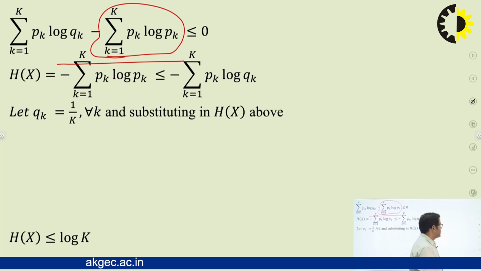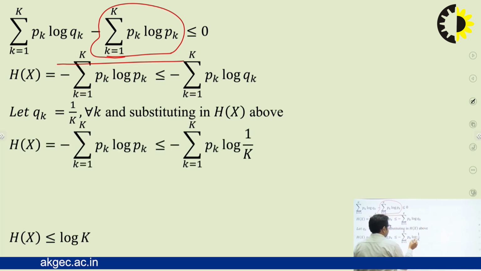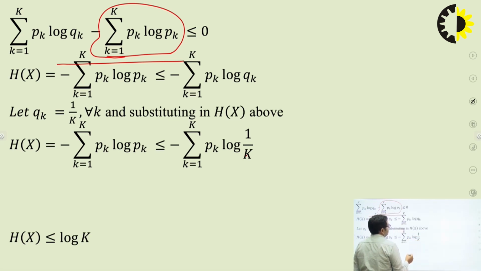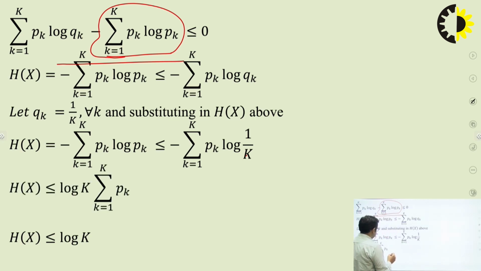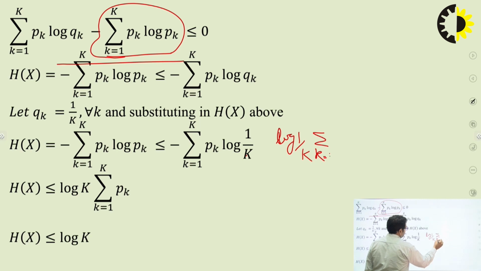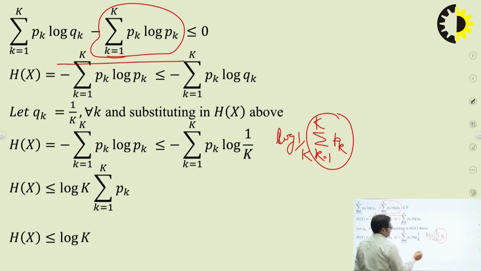So, if we put 1 by k in place of Qk, we have this equation, and after solving we find this is log 1 by k times the summation over k, where k varies from 1 to K, of Pk, and this quantity is 1.